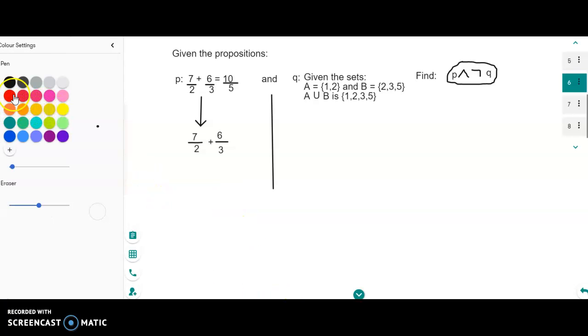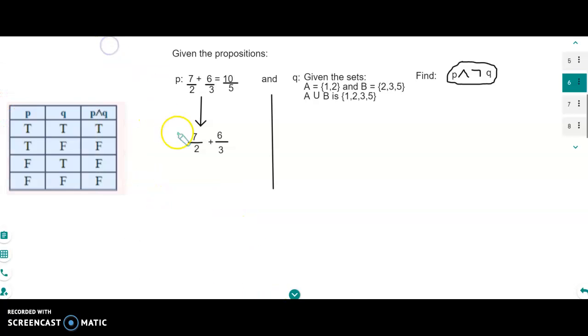So we multiply this fraction by 3 over 3, and this fraction, 3 to get 6, will be multiplied by 2 over 2.